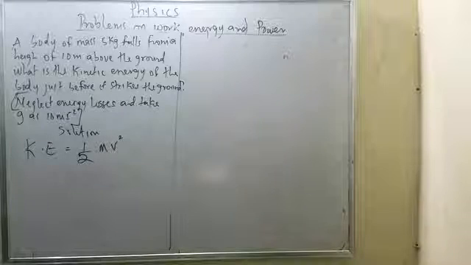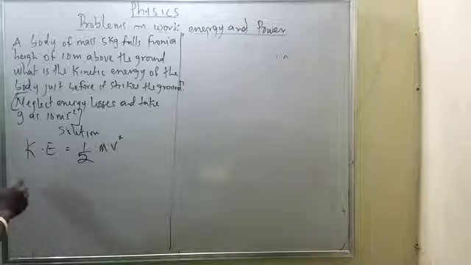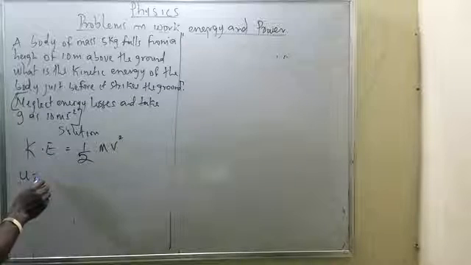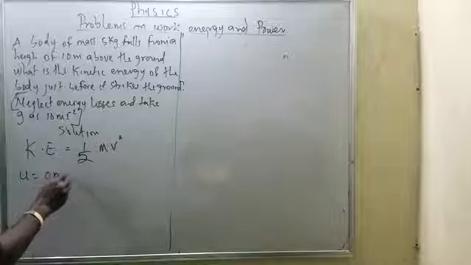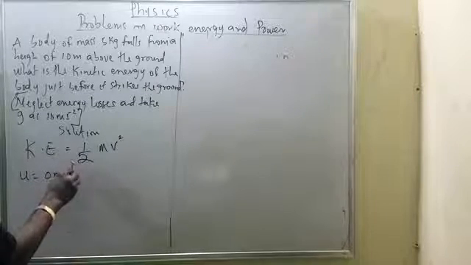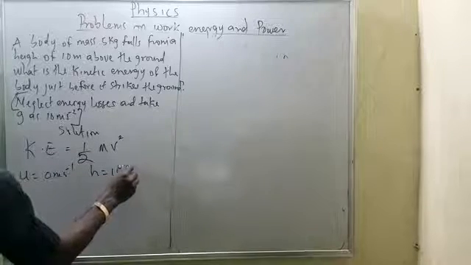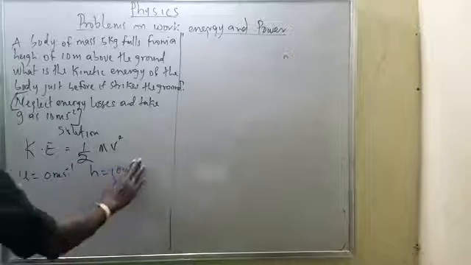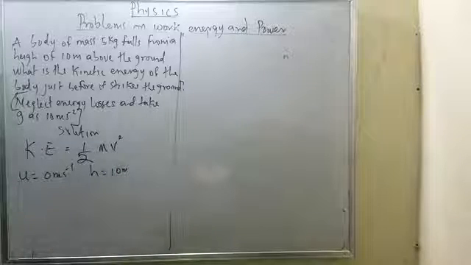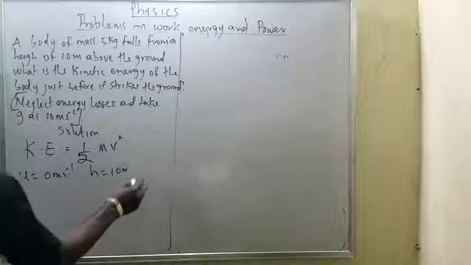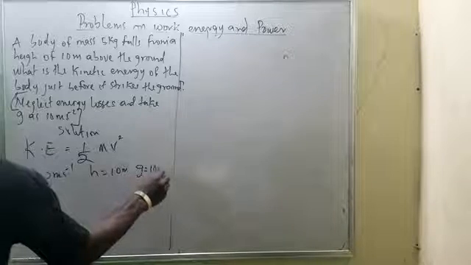1/2 mv squared. Now it's time to list out what I'm having. My v is not present. My u will be 0 meters per second. My height is 10 meters, and my g, which is gravity, is 10 meters per second squared.